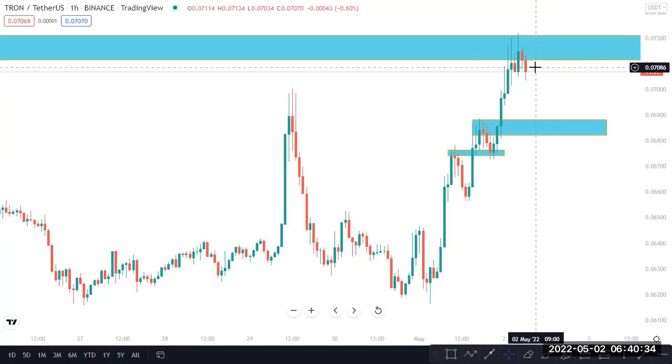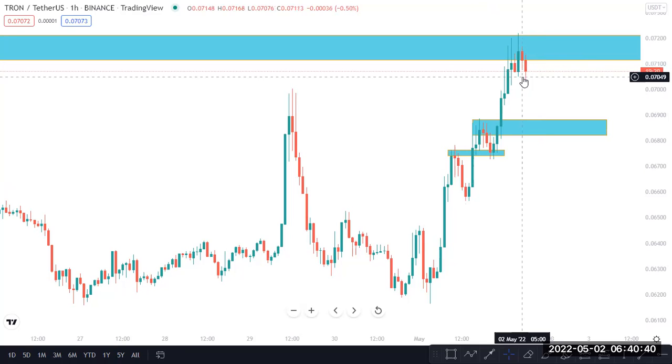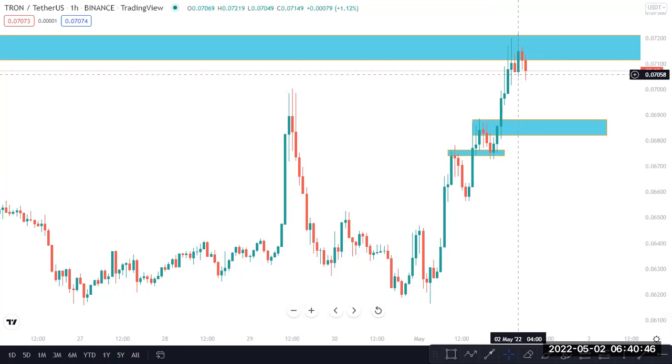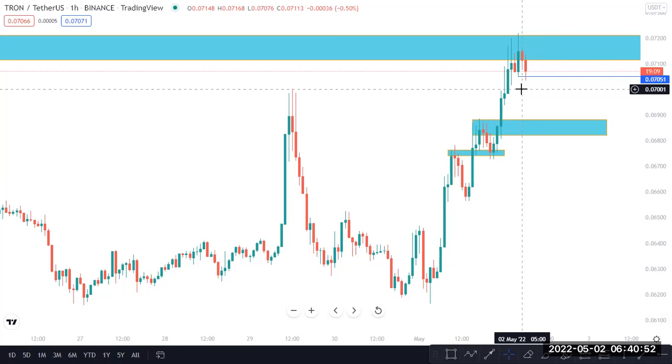Then I want to come back at 7 a.m. We want to see what happened to this candlestick. So if it is bearish, I'd like to see it closing below this area, so that I can be sure that this coin is in a downtrend, isn't it?